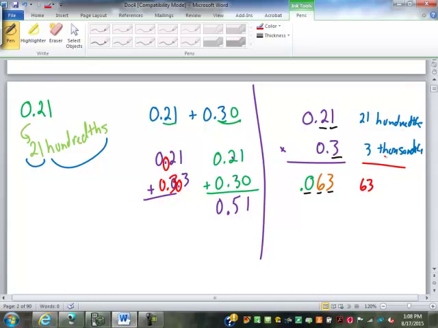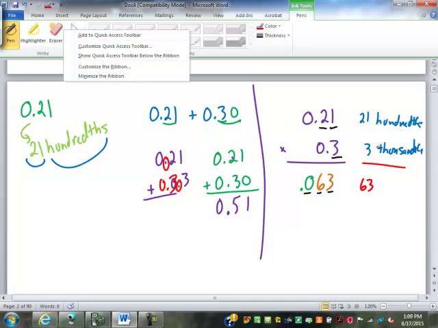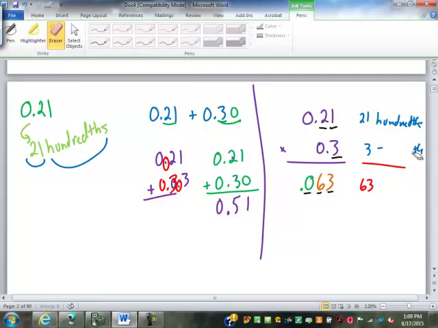Did I say thousandths? Why did I say thousands? That's actually 3 what? Tenths. Okay. You guys have got to stay awake, because some days I'm not. That's tenths. Sorry. Hopefully I didn't confuse you. Hundredths times tenths would be the thousandths. Some days my mouth gets ahead of my mind.